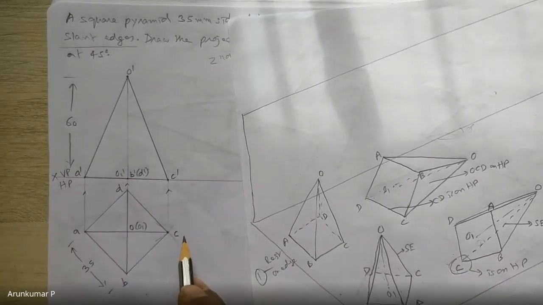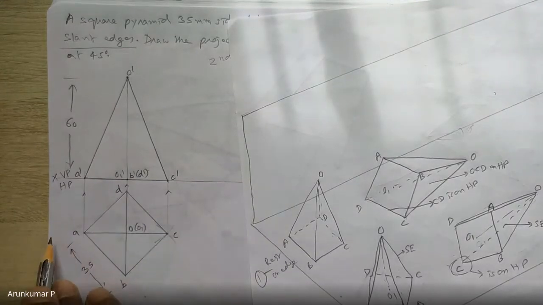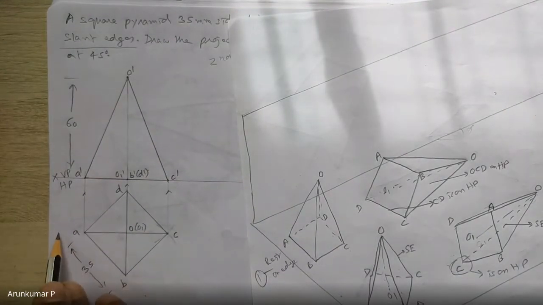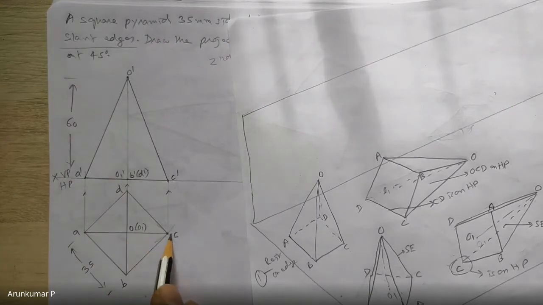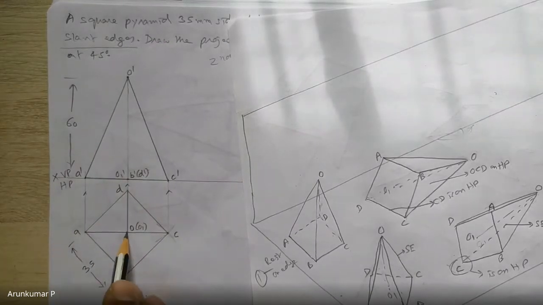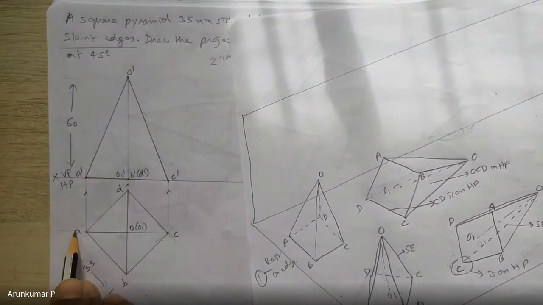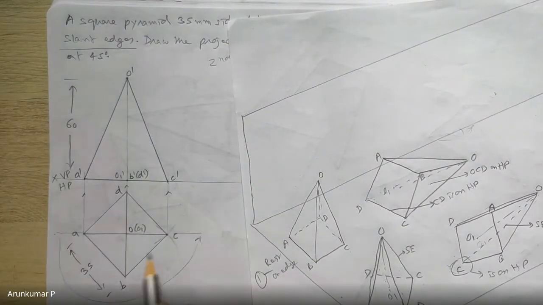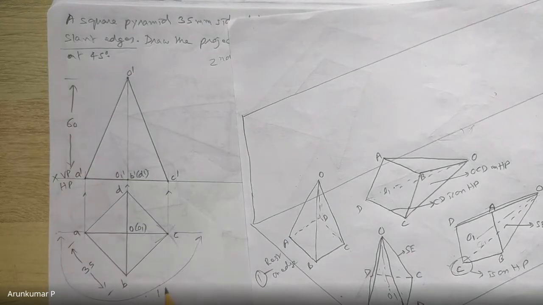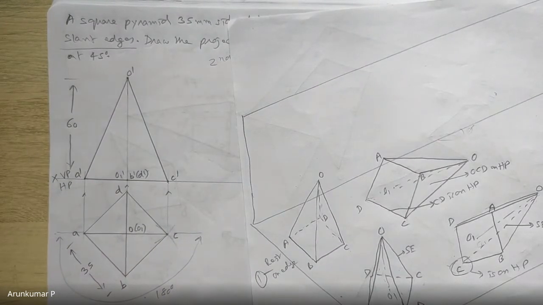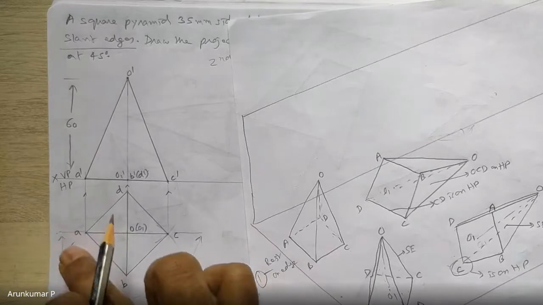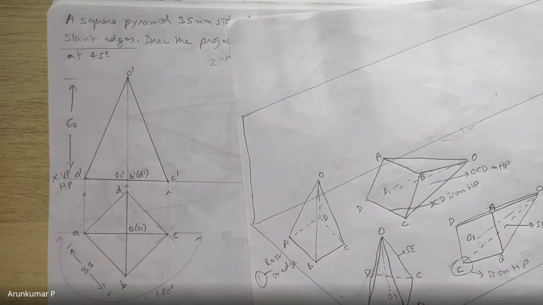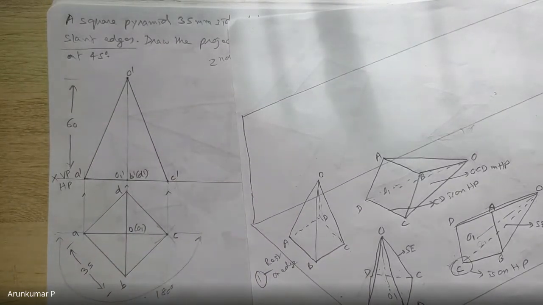You see this center line, that is the line joining O2C and O2A. So this is the center. You just have to see in this 180 degrees, this angle is 180 degrees. In this 180-degree line of sight, how many triangular faces are seen?